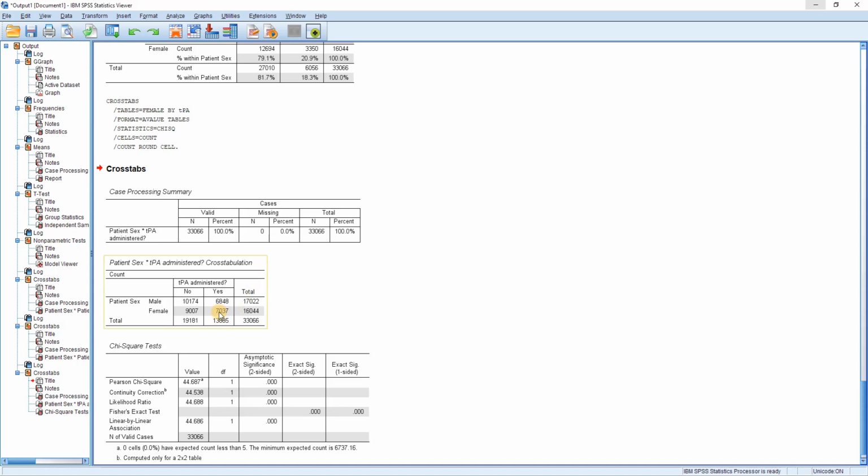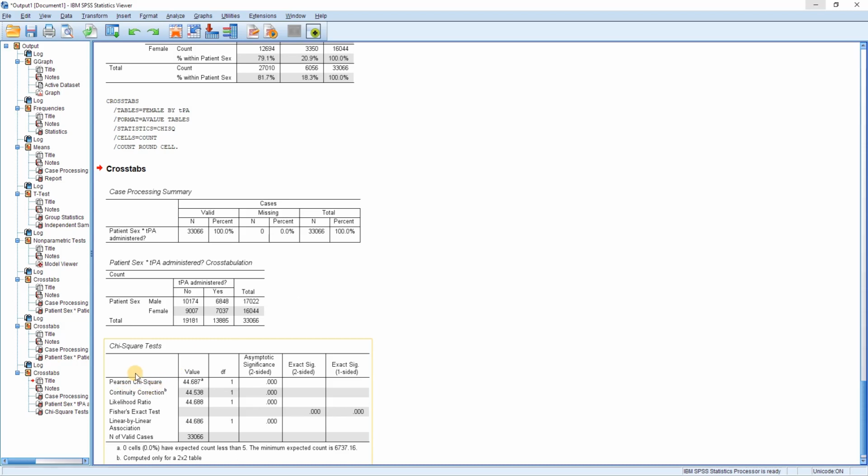you'll see that there were 7,037 female patients and 6,848 male patients who did in fact receive TPA en route to the hospital. So what the Pearson chi-square test does is test to see if the difference between these two values is statistically significant at the alpha value of 0.05.